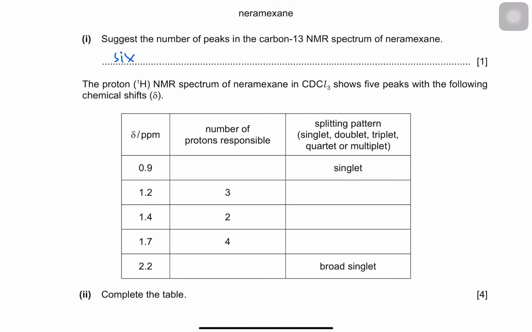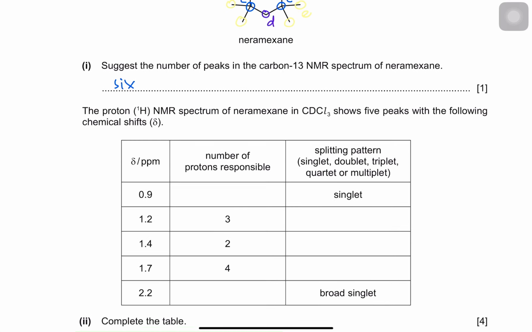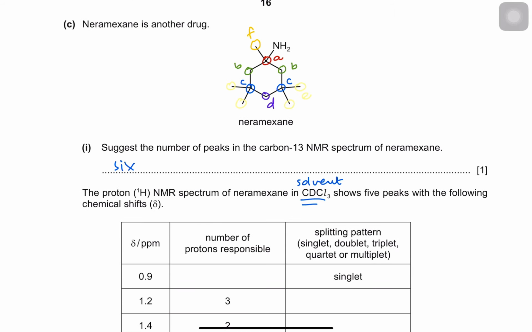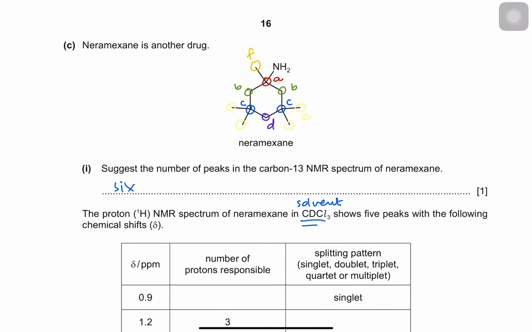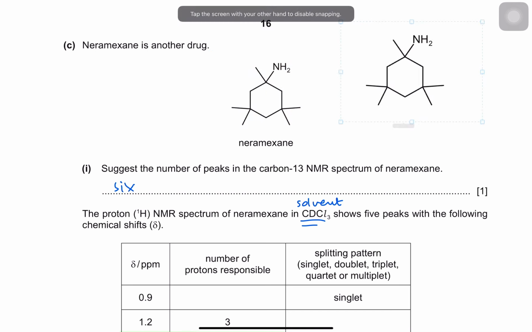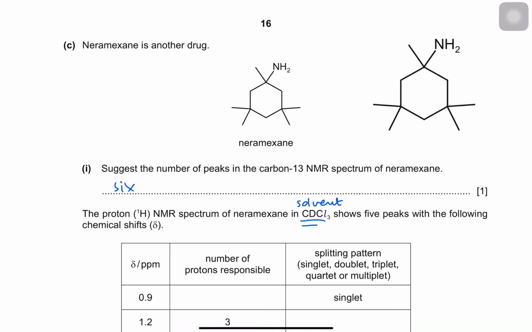Number of protons responsible. Okay, the splitting pattern is being discussed. CDCl3, which is a solvent, shows 5 different peaks. Okay. What I'll do is I'll just copy this part, delete this part, make a copy here, and paste all of this here.